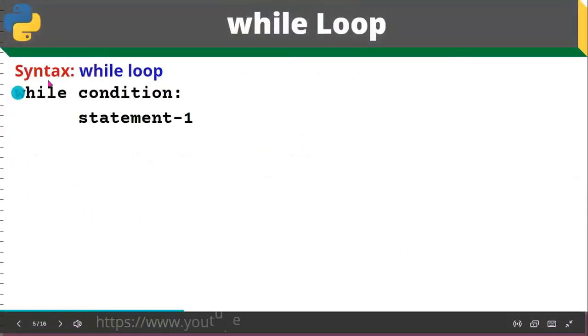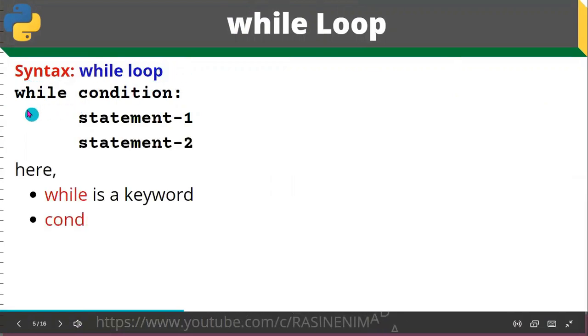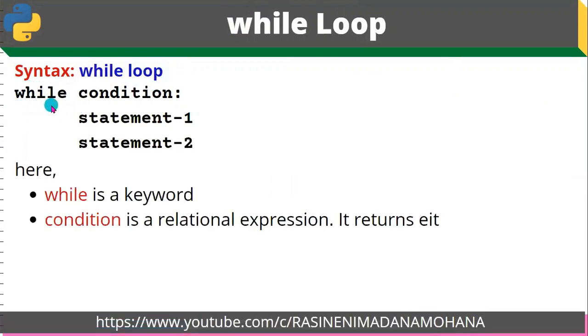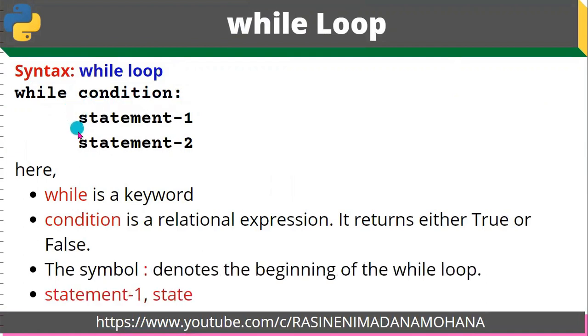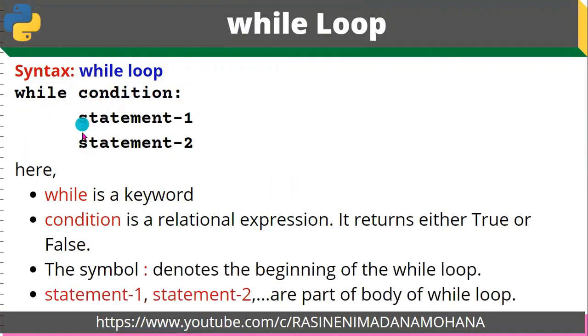First, let us see the syntax of the while loop. So while is the keyword, followed by a condition and a colon. Then you can give the list of executable statements: statement 1, statement 2, and so on, n statements you can provide. Here, while is a keyword. Then what is the condition? The condition is a relational expression, same as in if then else, which we discussed in our previous lectures.